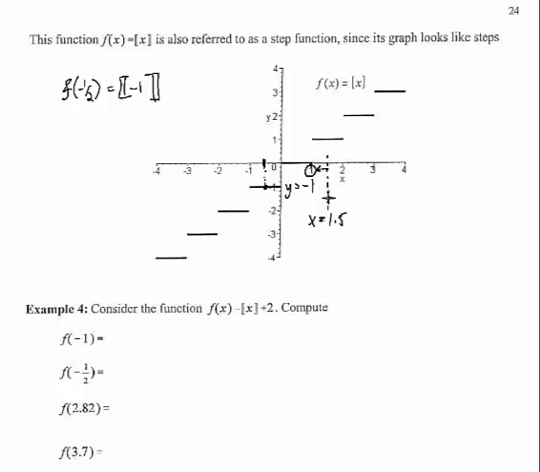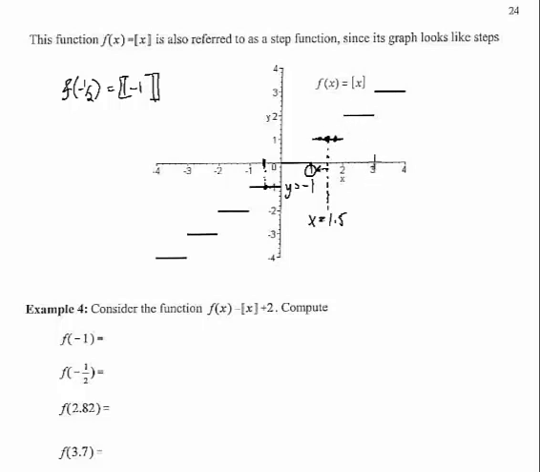So for x equals 1.5, we go up to y equals 1. And so for any of these numbers in between 1 and 2, we are simply going to plot our y as 1. Because if we're in between 1 and 2 and we look to the left, we will always see 1 as the first integer. So we just get a flat line through here.